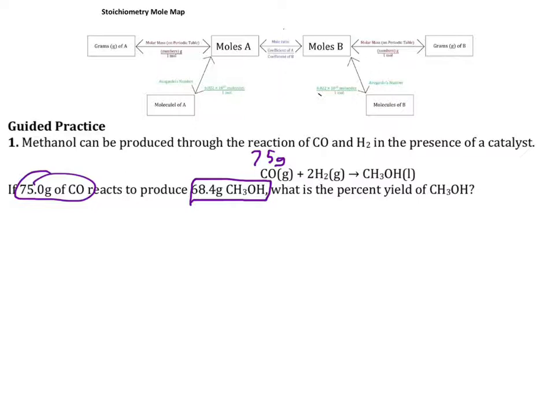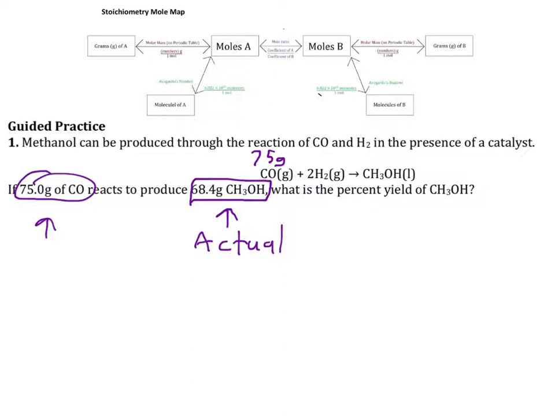And it's asking for the percent yield. This right here is the actual yield. What it's saying is that this is how much was produced when we reacted 75 grams of carbon monoxide.